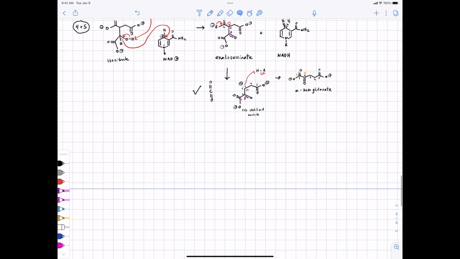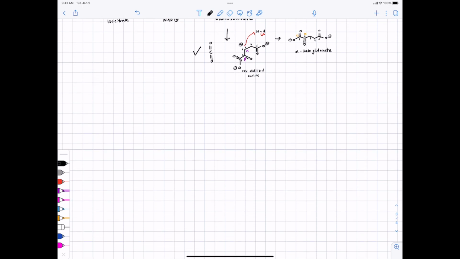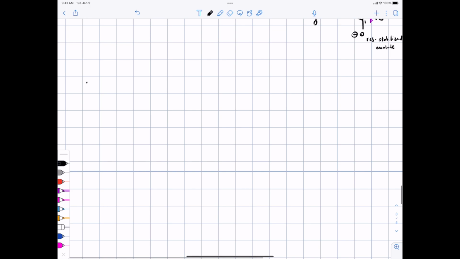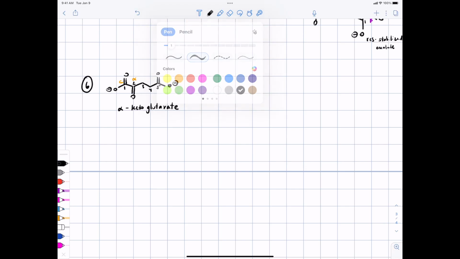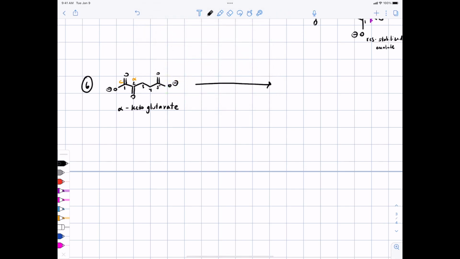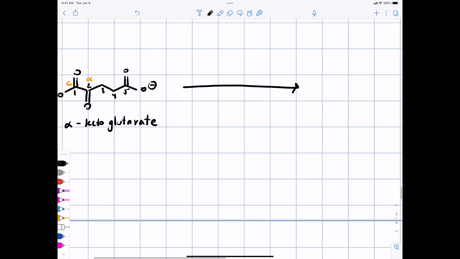I won't draw the mechanism of this step because it's exactly the same as what we saw for the pyruvate oxidative decarboxylation complex. There is a multi-enzyme complex, just as with pyruvate, that works with alpha-ketoglutarate. It's called the alpha-ketoglutarate dehydrogenase complex.